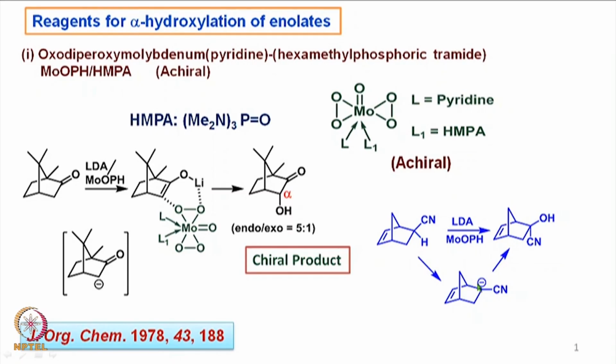This can react with the reagent from the exo side, because the endo side in this particular case is sterically more hindered compared to the exo, and therefore we get this cyanohydrin in which the hydroxy group is exo oriented. So, this is one of the ways by which one can easily deprotonate a highly acidic proton. Under basic conditions, we can deprotonate that particular hydrogen and introduce a hydroxy group.